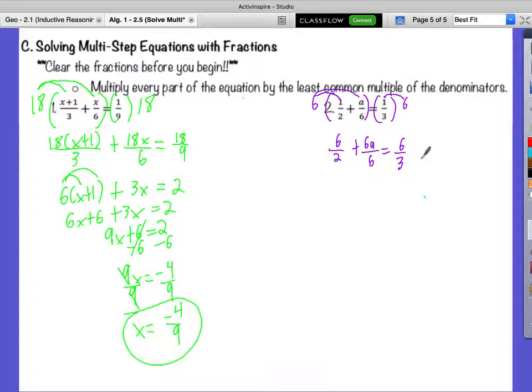Questions on that step? Okay, so now we can look to reduce. What does that first fraction, 6 over 2, reduce to? 3. What about the second fraction?